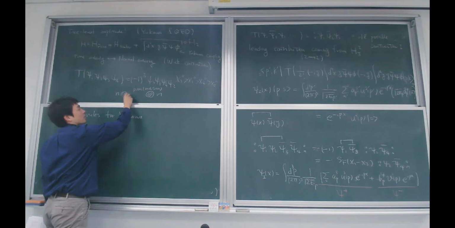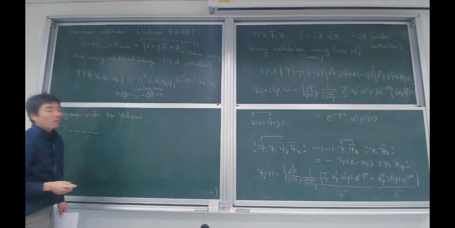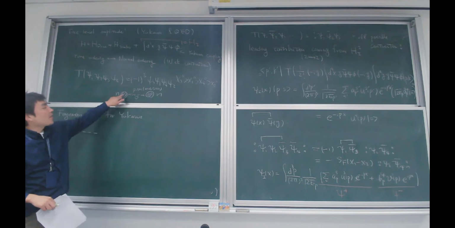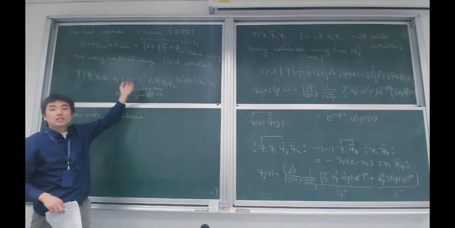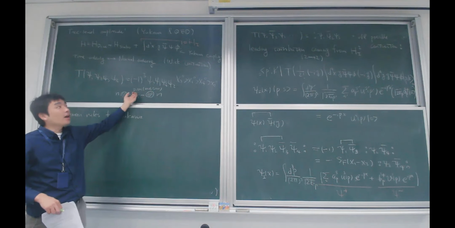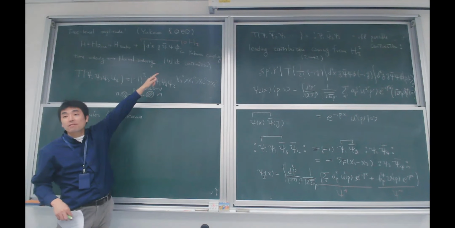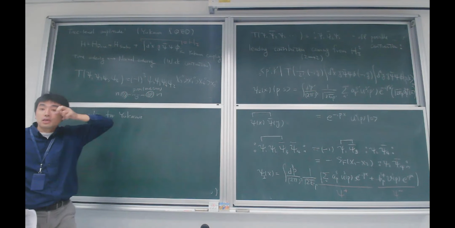So I should write it down this way. Scalar particle, pion. So psi and psi bar represent these fermions, the nucleons, and the scalar field phi represents the pion or meson.